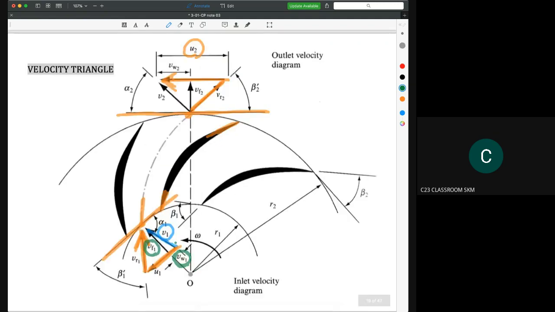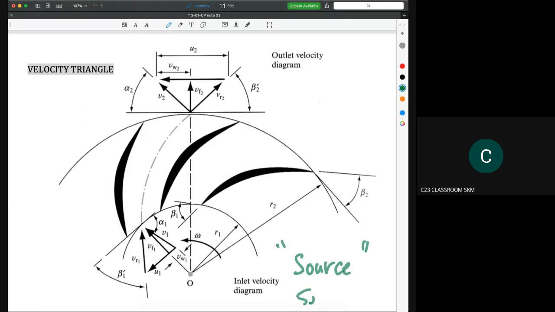As I said previously, if the fluid flows without any resistance, in ideal condition, the flow will be the same as a source. You learned about source and sink in the previous chapter. The source means the water comes out from one point and then flows directly in the radial direction.